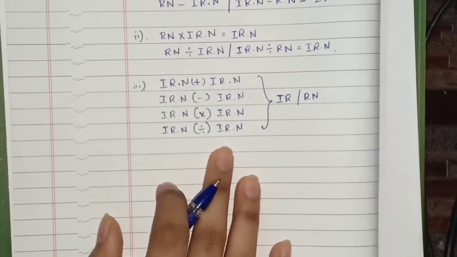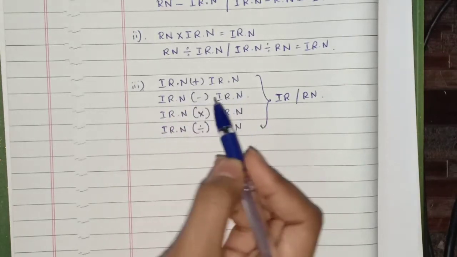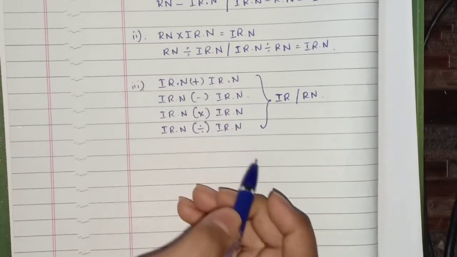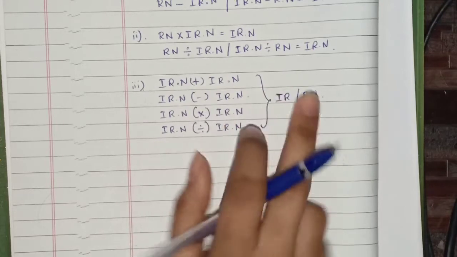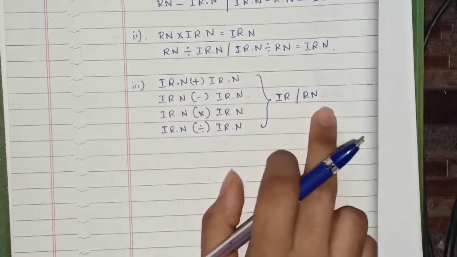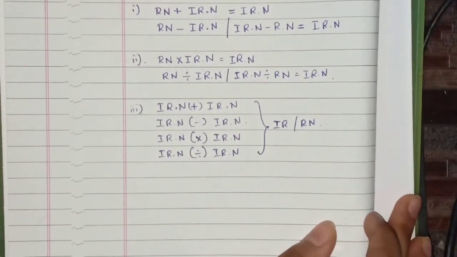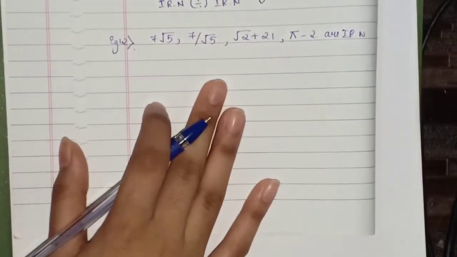And the third simple point is that the sum, difference, quotient and product of two irrational numbers can be either irrational or rational. That is it. These are the three simple points that you just have to remember.